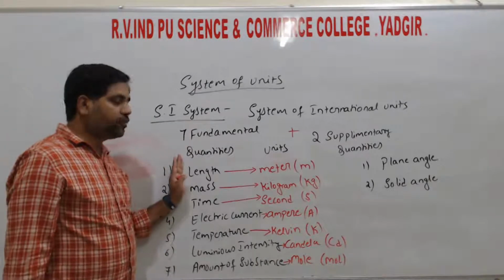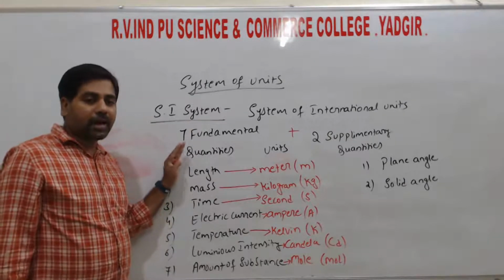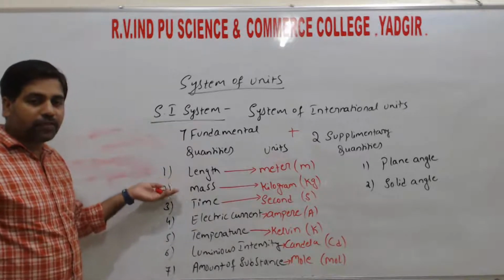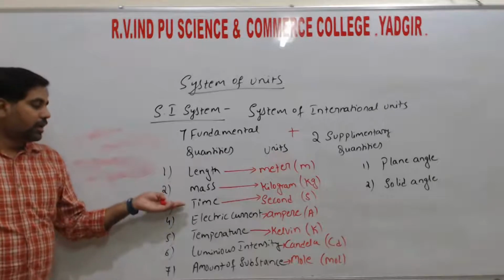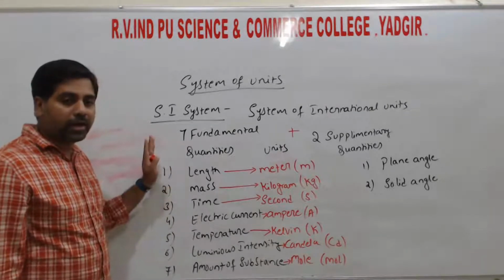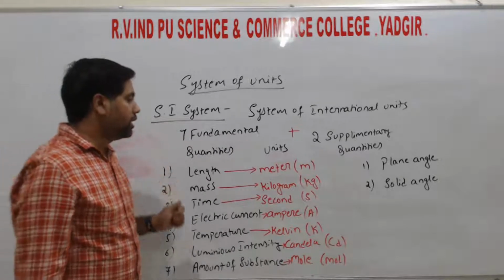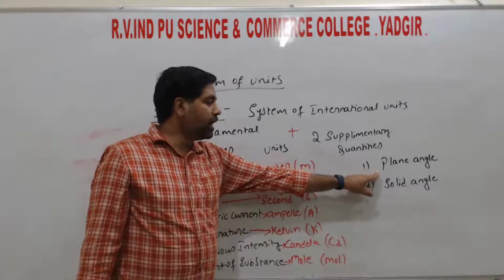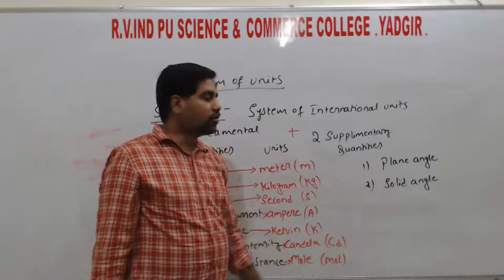By using these fundamental quantities we can derive physical quantities such as speed, acceleration, force, energy, right? So these are all the derived quantities. Next, we have 2 supplementary quantities: one is plane angle and the other is solid angle.